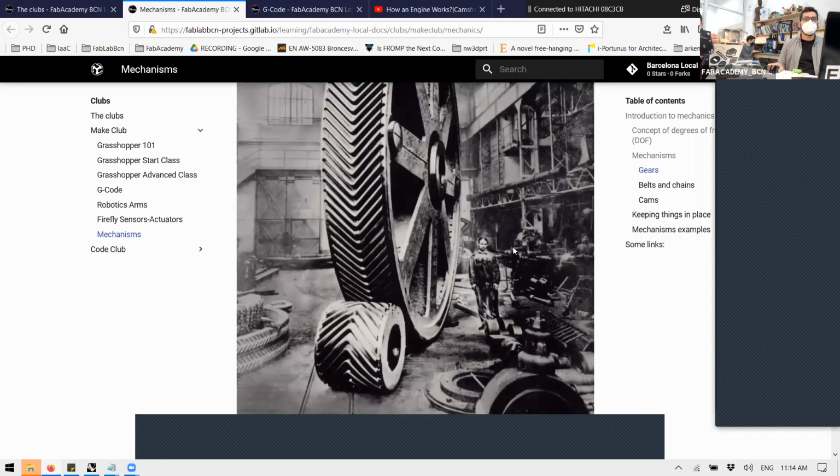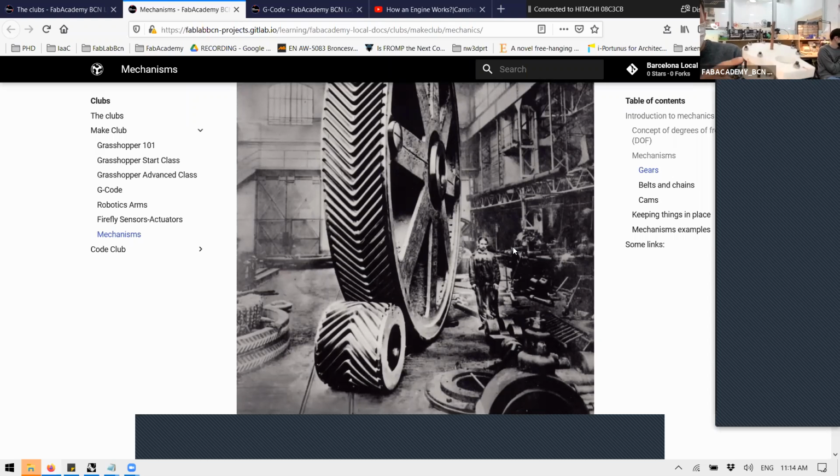Not only because we have a geometry constraint, but also because we want to increase, for instance, the amount of torque that we're giving to something. In this case, we have normal gears. The idea here is that you have this motor with a very tiny gear that moves a very big gear.